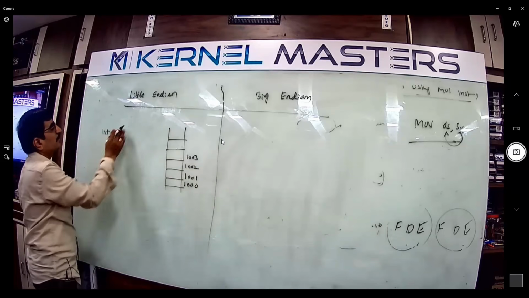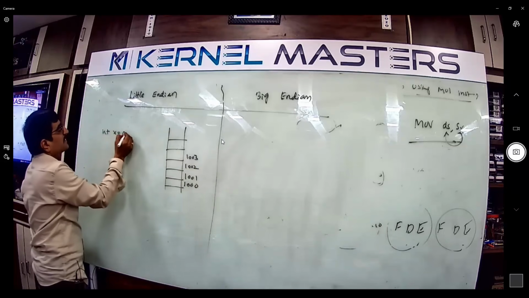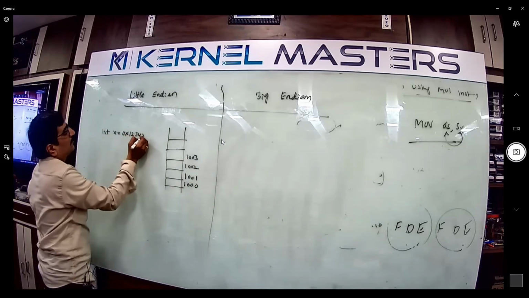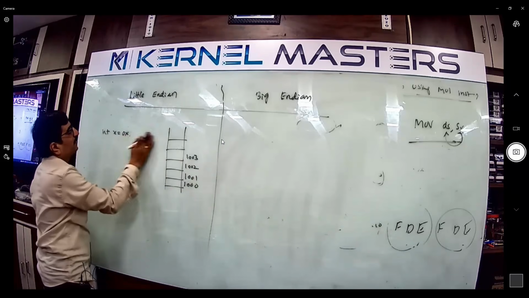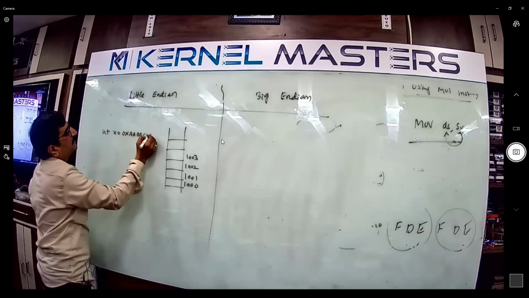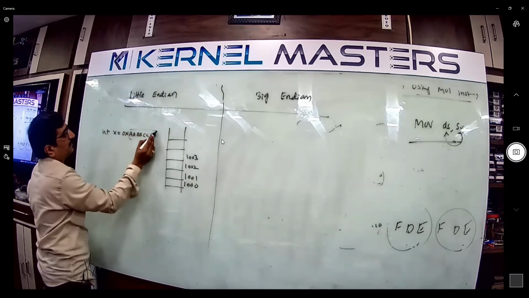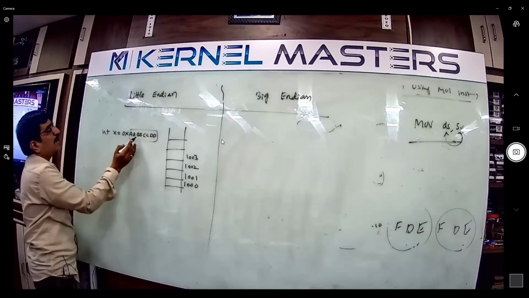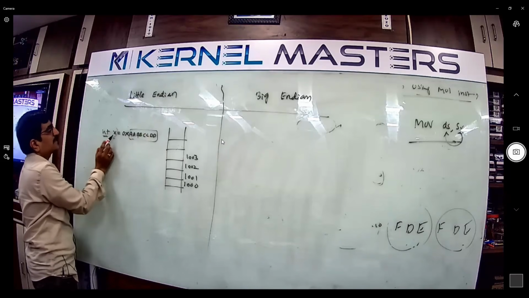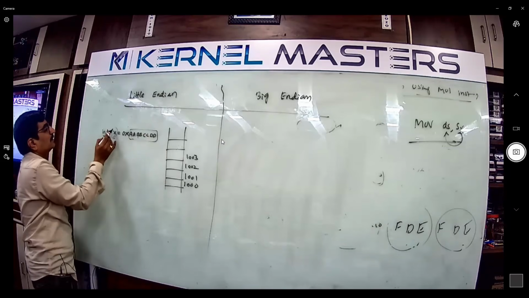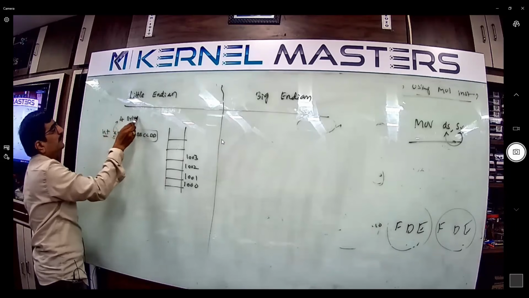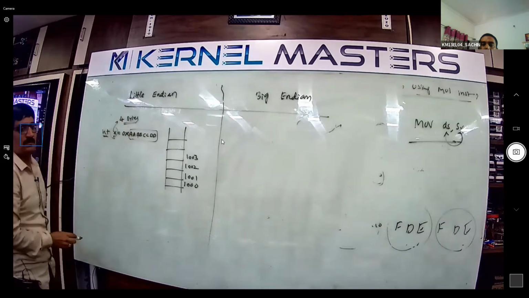Integer x equal to, I want to load a hexadecimal data, 0x hexadecimal representation, 1, 2, 3, 4, 5, 6, or otherwise you can call AA, BB, CC, DD. In C programming you load a hexadecimal number with 0x. x is the variable. What is the integer size? 4 bytes.